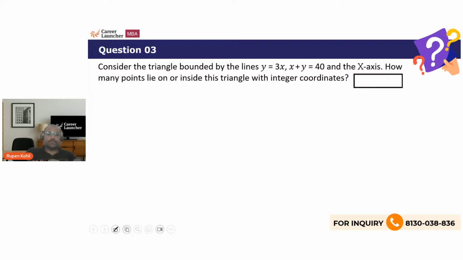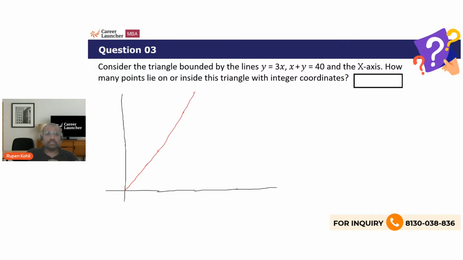Okay, so let's see. Let's say this is our xy axis. We need to plot the lines and identify the triangle. y equals 3x is a line passing through the origin with a slope of 3, so it will be quite steep.